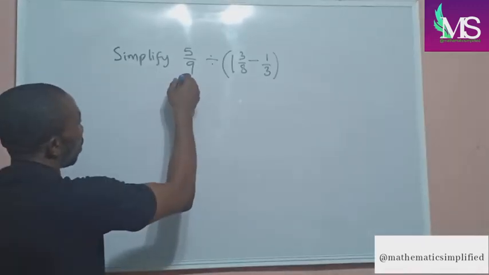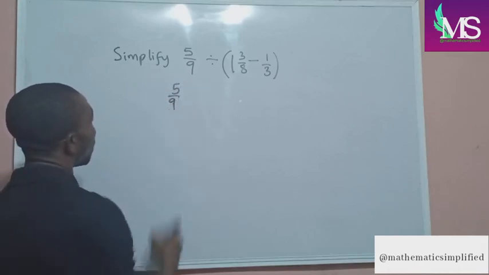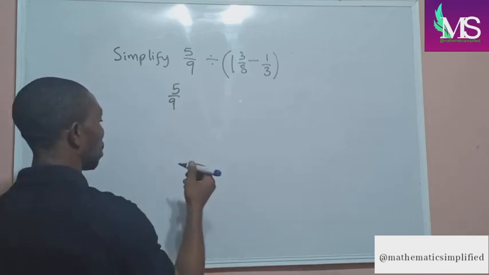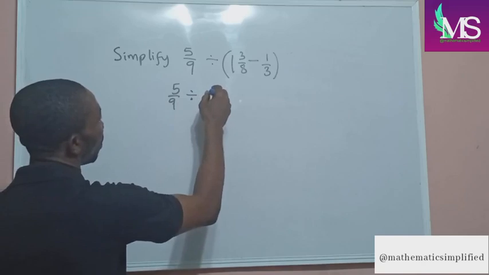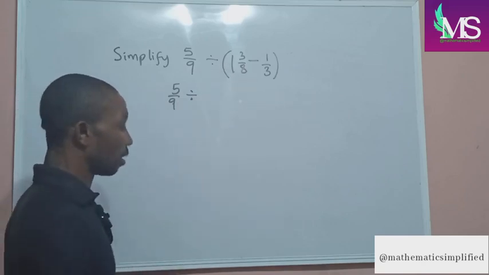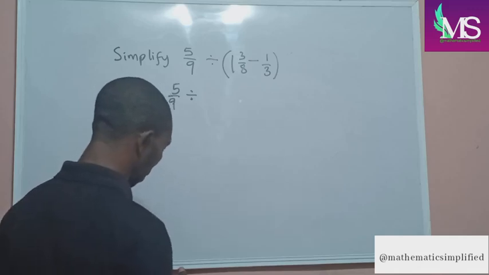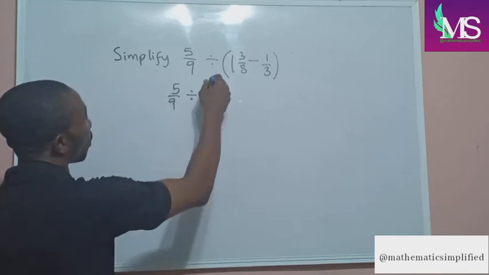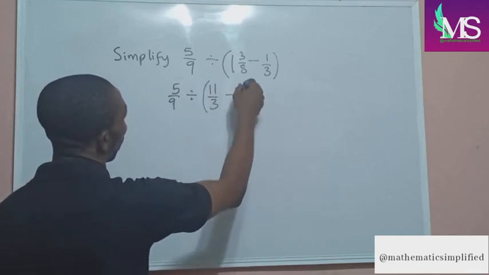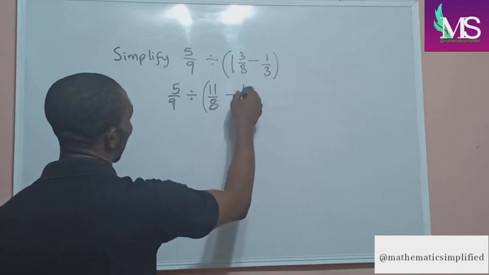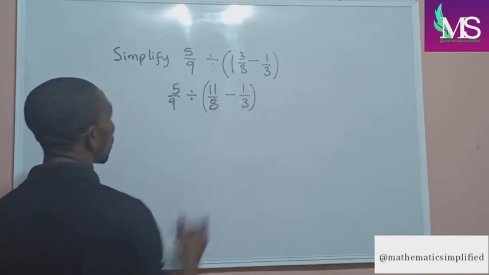Now this will give us 5 over 9 divided by 8 times 1, 8, plus 3, 11, 11 over 8, sorry, minus 1 over 3.